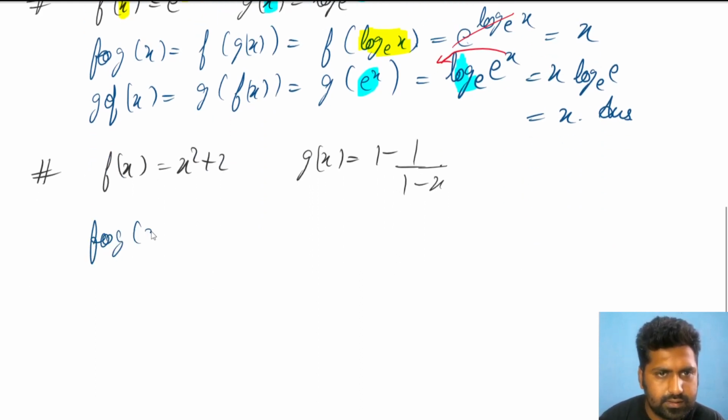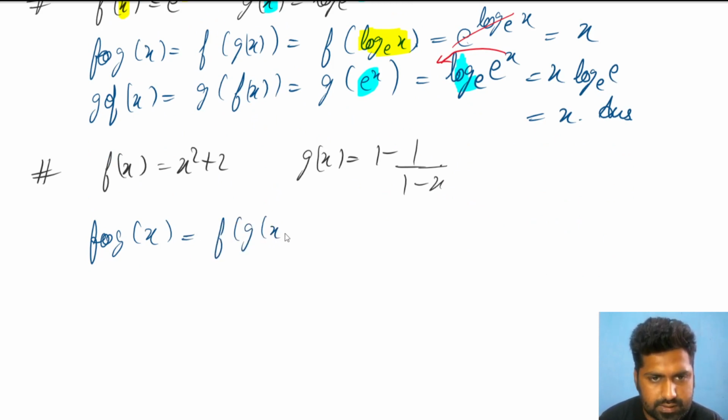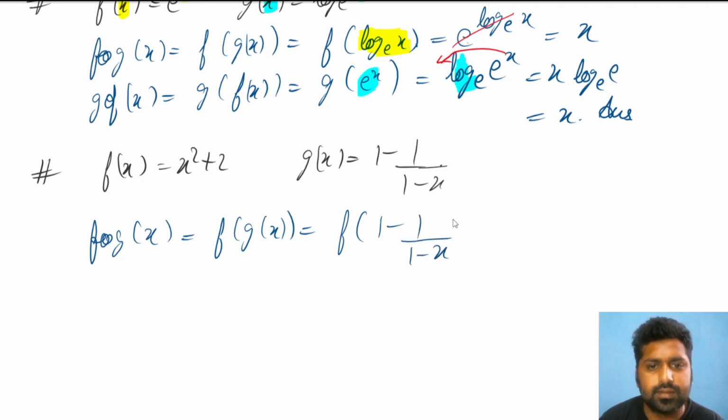Fog x, that is f of g of x. So f of g of x is 1 minus 1 upon 1 minus x. Quite complicated, but that's the idea.